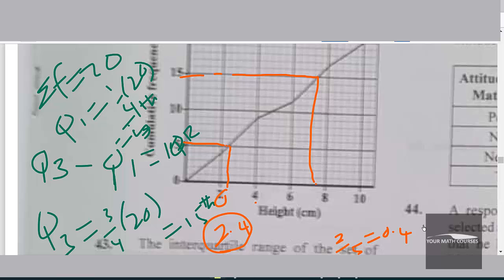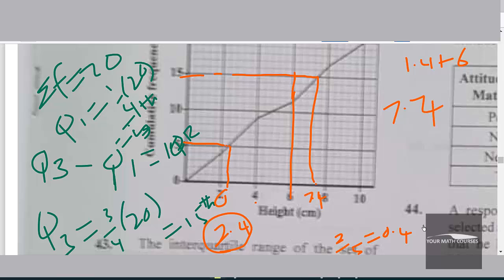So 1.2. 1.2 plus half of a box, which is half of 0.4. So that will be 1.4 plus this value here, which is 6. So that will be 7.4. So it means this value here is 7.4.